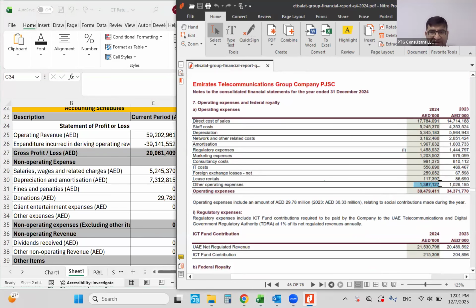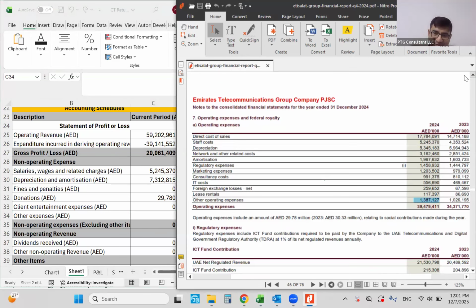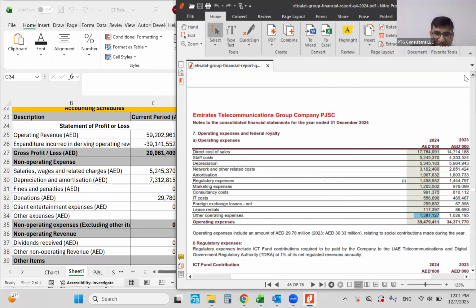Here there will be a difference, because what is shown as other expense in the PL would not match with the return. From here we are extracting the data for how the return is required and which elements are required. We put them over there, and the balance figure will be other expenses. Like from 39 million, we took the salaries and wages, depreciation, and donation. So we will sum up and subtract from 39 million. That will be other expenses.